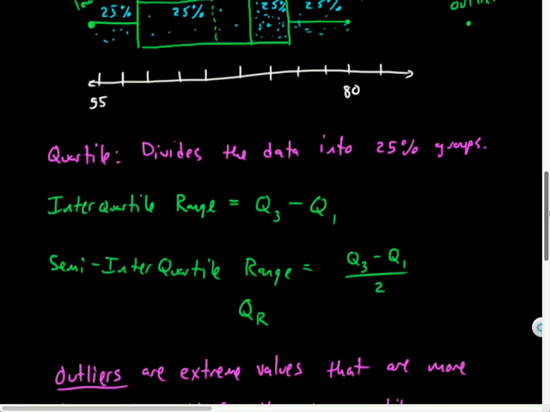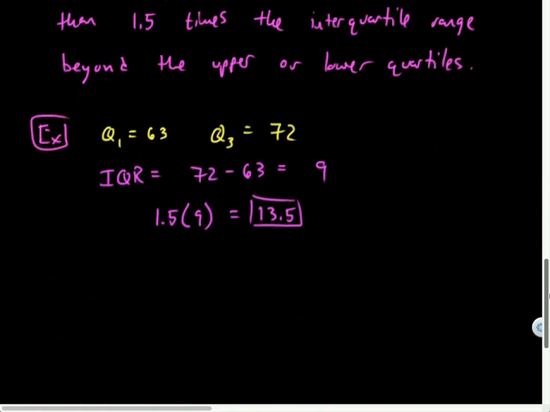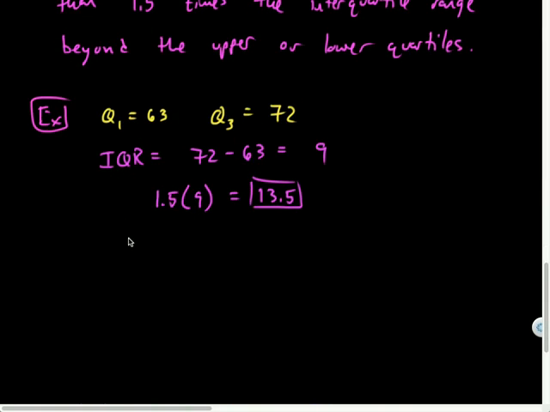Okay? So I would be interested in 63 minus 13.5 or 72 plus 13.5. Right? So 63 minus 13.5 is going to be 49.5, and 72 plus 13.5 is going to be 85.5.